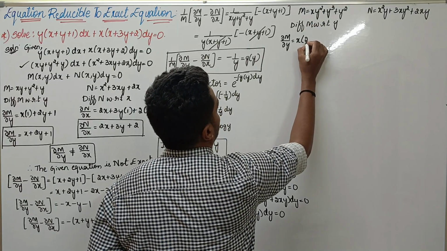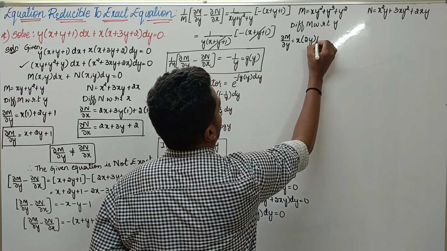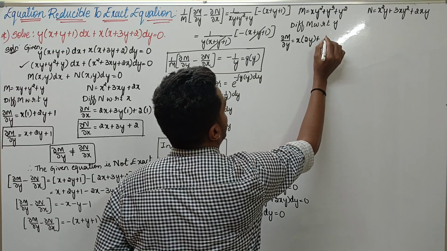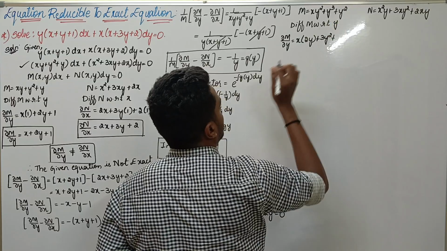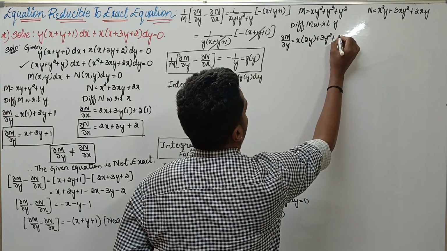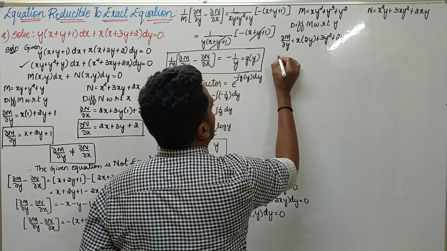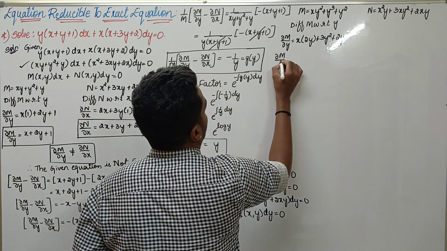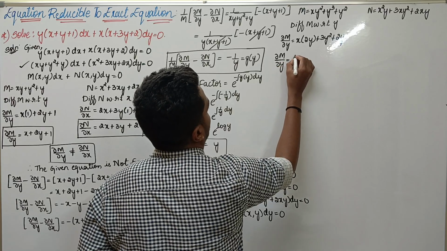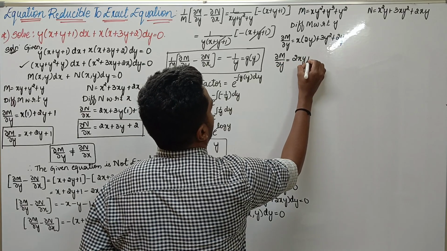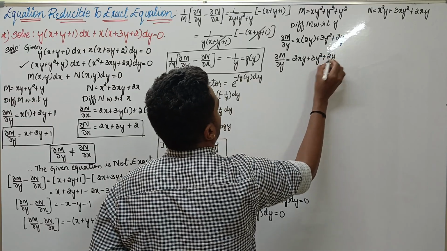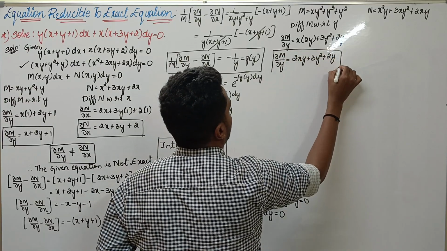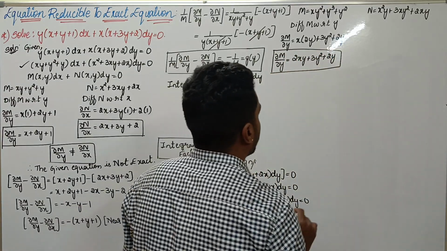Differentiation of xy² gives 2xy, plus differentiation of y³ gives 3y², plus differentiation of y² gives 2y. So ∂M/∂y is equal to 2xy + 3y² + 2y.